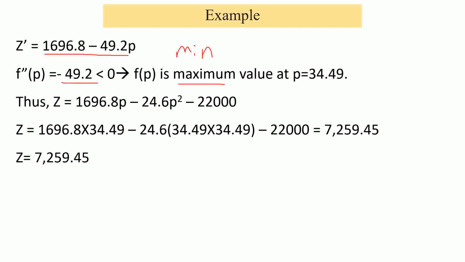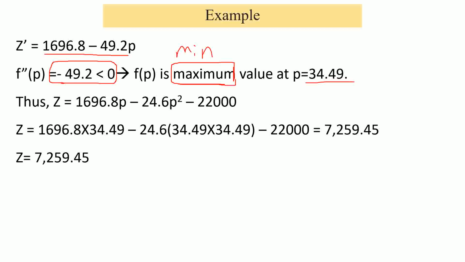Since minus 49.2 is less than 0, z at 34.49 is a maximum value. So it is the maximum value at p equals 34.49.